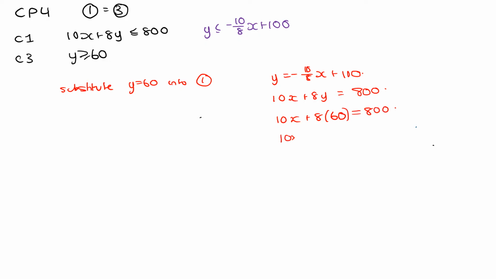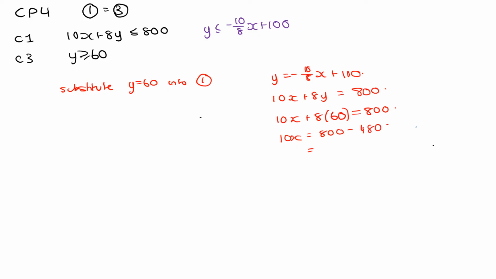And then I have my 10x is equal to 800 minus 8 times 60. And let's actually work out what 8 times 60 is. 8 times 60 is equal to 480. So we have 800 minus 480. So let's just fix that up there.